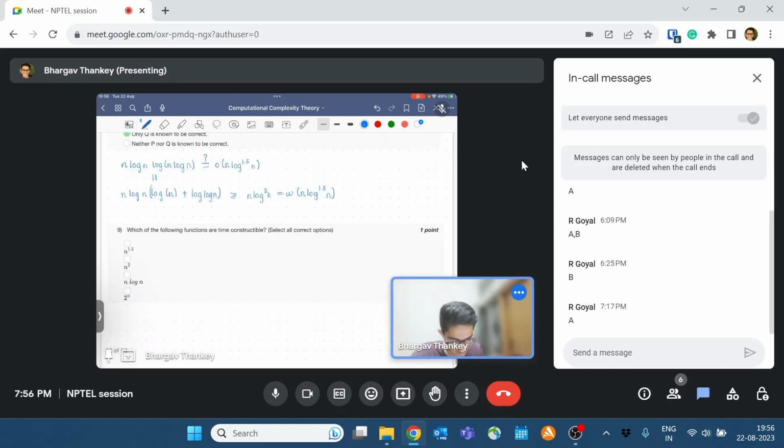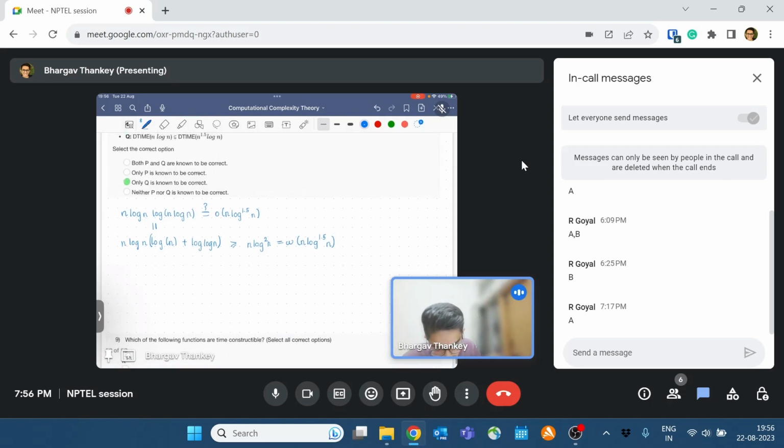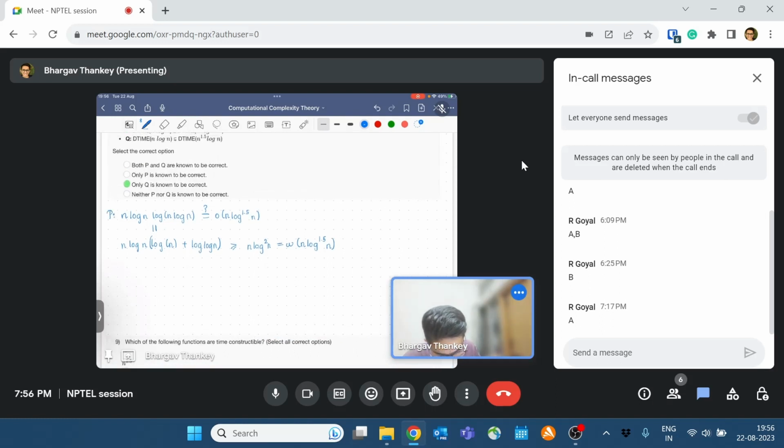Okay, so let me write that as well. This was for P, and for Q, what do we want to show? n to the log n. So for Q, we want to show this, right?